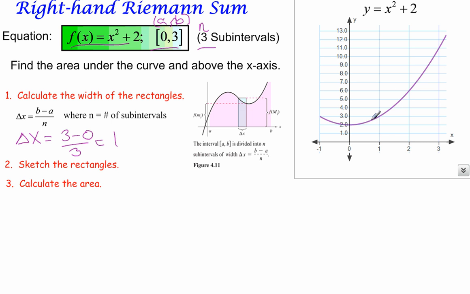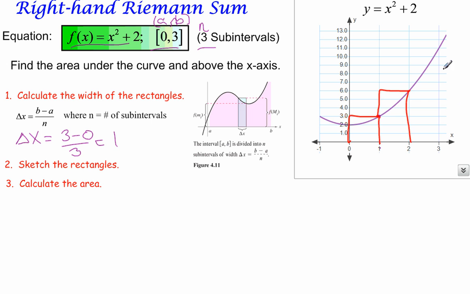Let's sketch in those rectangles. This time, we're going to move over to the right side, and that means our first rectangle will start with, let's change colors, our first rectangle will start at a height then of 3, following the right hand. 2 is my right interval location. It has a height of 6.